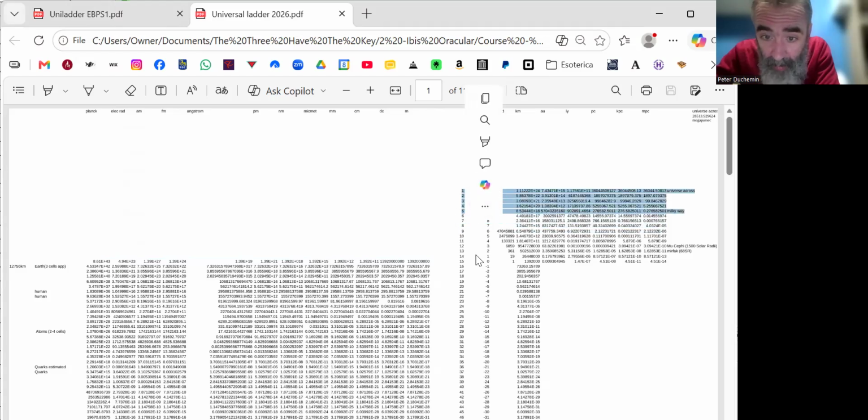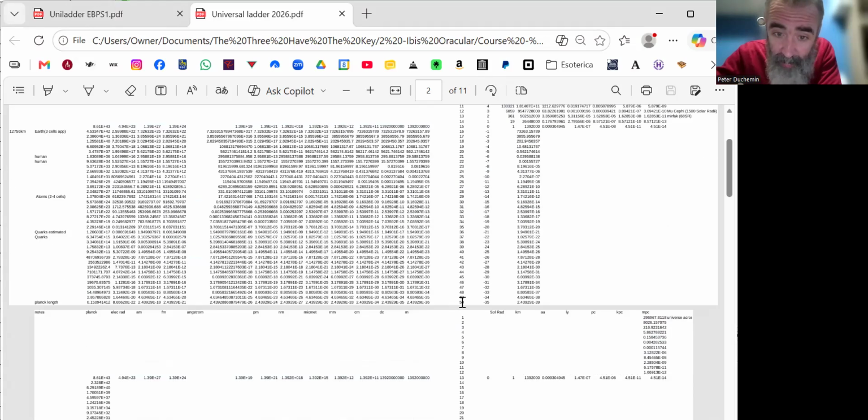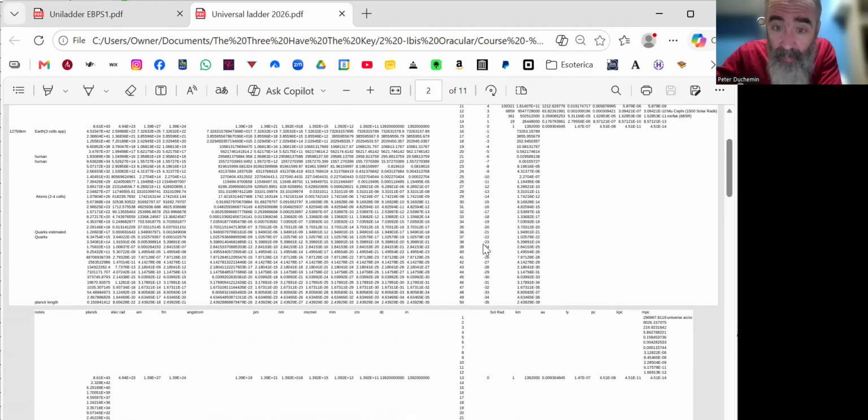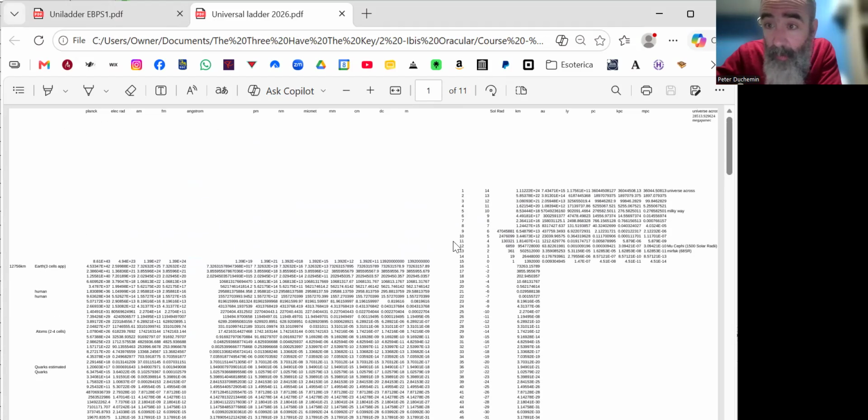This number here in the center just tells you how many leaps up and how many leaps down. This one just takes it from the biggest and counts all the way down to the smallest. And so there's 50 rungs in the ladder. That's how we know. And I discovered this years and years ago when I worked it out by hand. I tried to do it from the size of the Laniakea supercluster, and I did get 50.